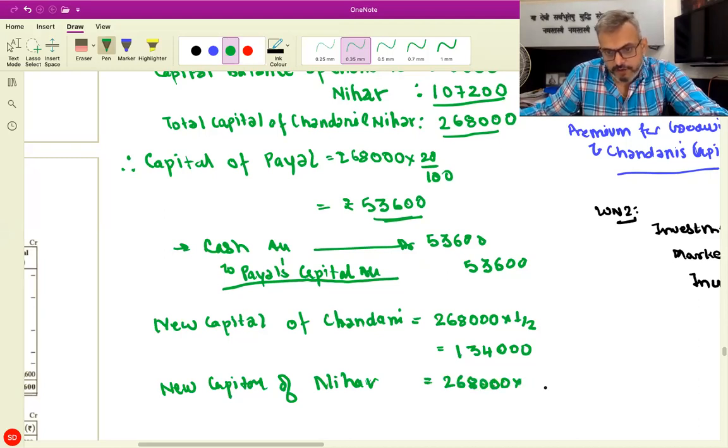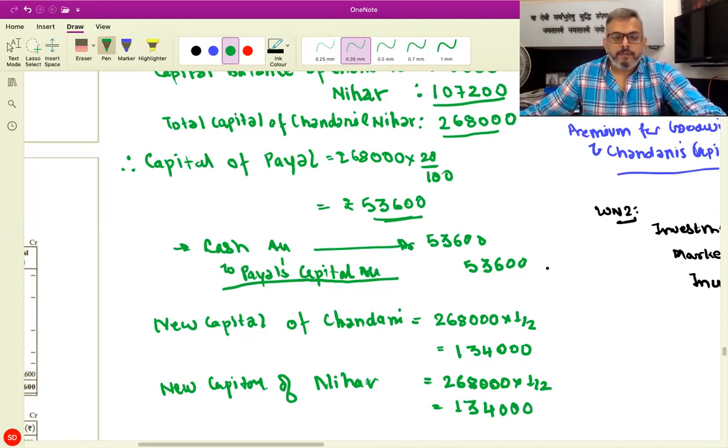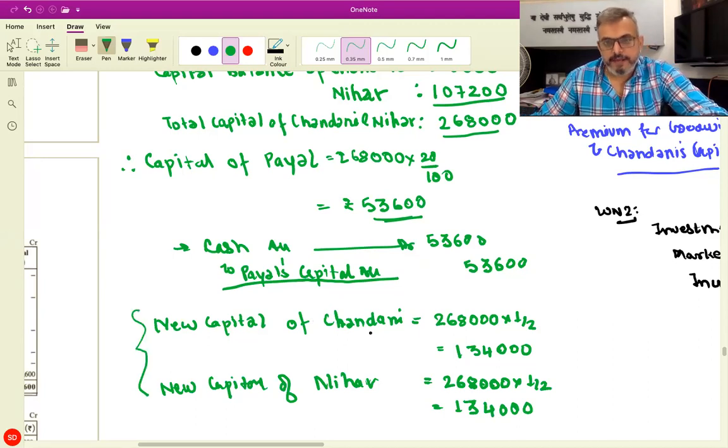It is equal ratio, so 1 is to 2. So 1,34,000. So now this is our closing capital for Chandni and Nihar.